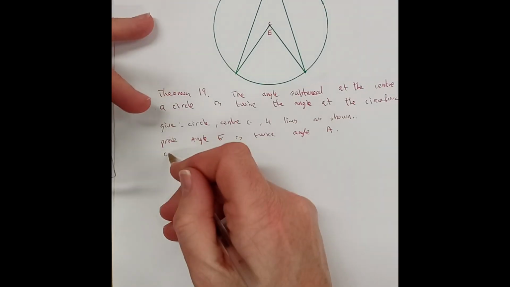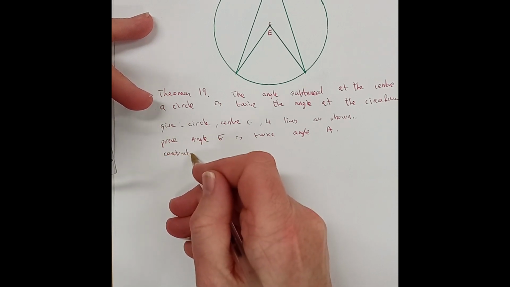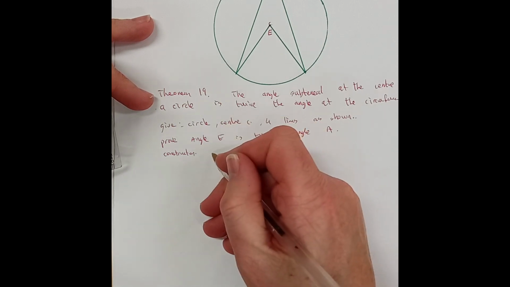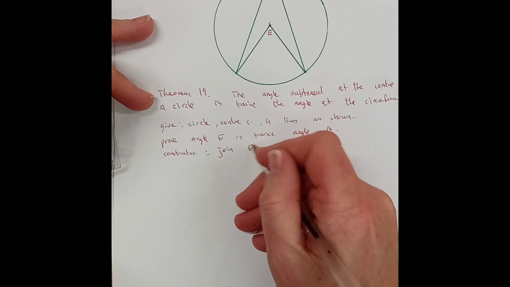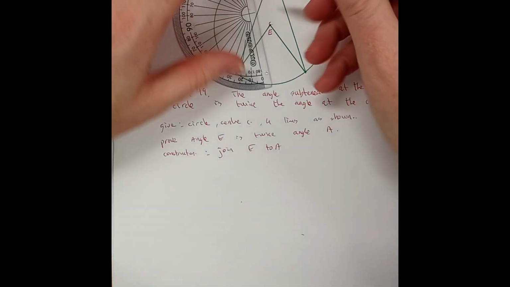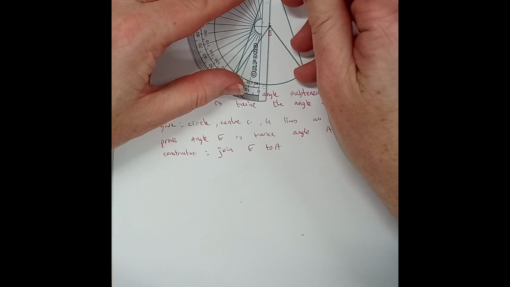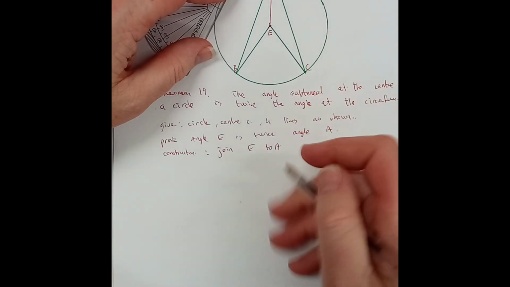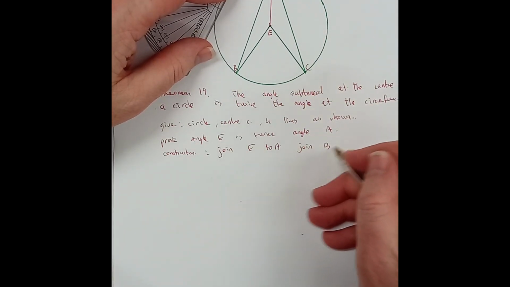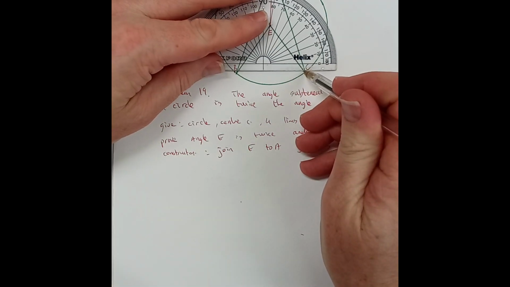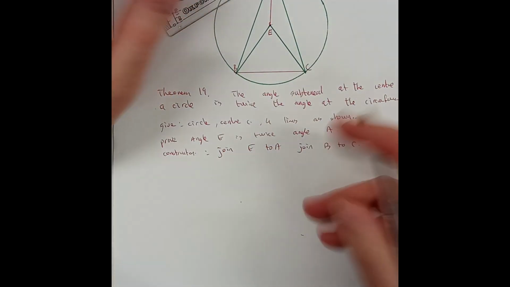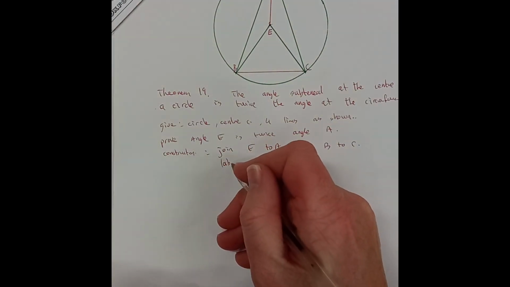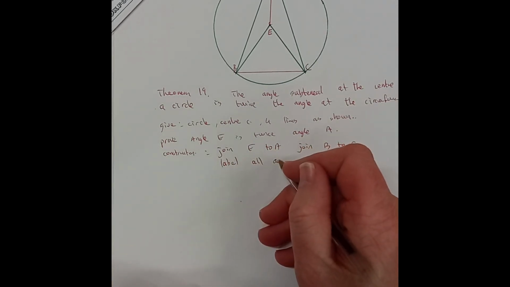So construction. Join E to A. So watch. E to A. And let's call this one B. This one C. And join B to C. Next thing I'm going to do, as well in the construction, is label all angles.